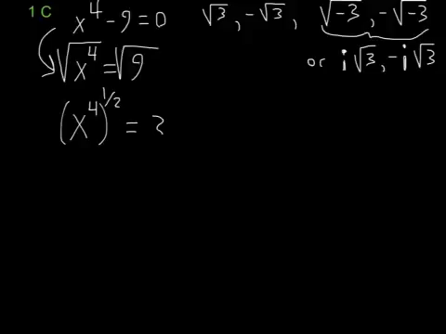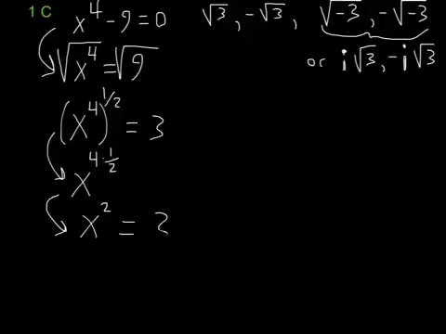And this is equal to 3. This is equal to x to the 4th multiplied by 1/2, and that's going to be x squared equal to 3. What's one thing I just forgot to do? Plus or minus 3. So we have x squared equal to plus or minus 3.